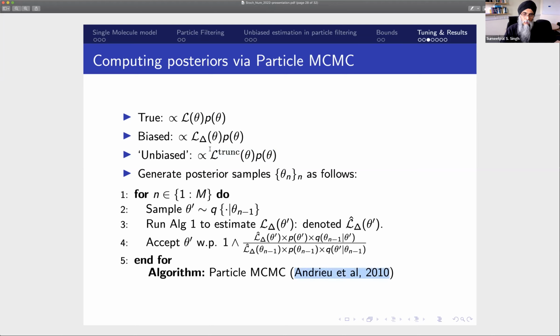So if you want to generate Markov chain Monte Carlo samples of theta according to any one of these two posteriors, all you need to do is have unbiased estimates of the likelihood, and then you propose a new sample, you accept or reject using the usual acceptance probability for MCMC, and you just plug in your unbiased estimate of the likelihood. So this equation here is for generating samples from this. A similar one will generate samples from this, but you replace this with your truncated Poisson likelihood.